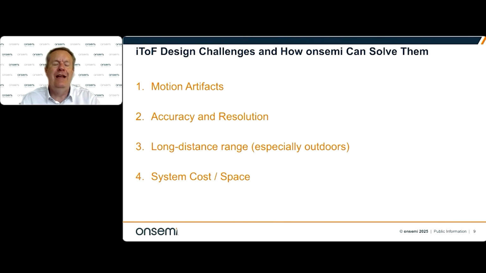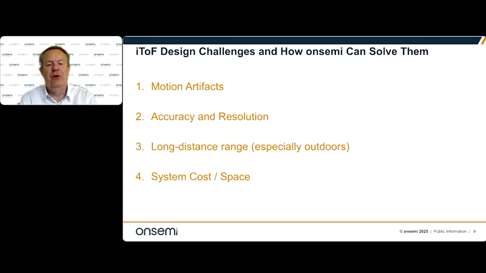We have shown that you can get to accurate distances outdoors up to 20 meters, which is leading the industry in terms of iToF depth calculation. Indoors, we can get up to 30 meters depth. So really, most rooms are 30 meters or smaller, so it's absolutely ideal for that. System cost and space. This becomes really, really important when you're designing a system.